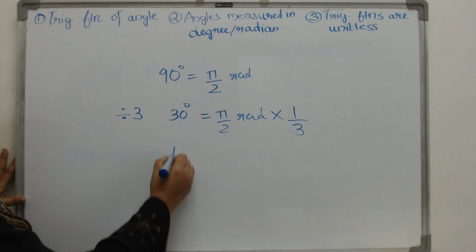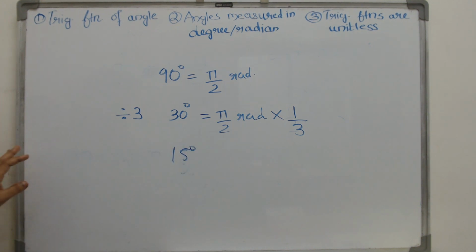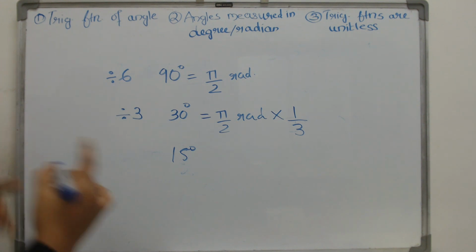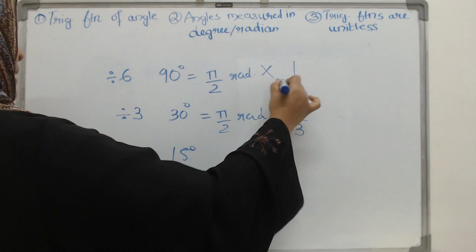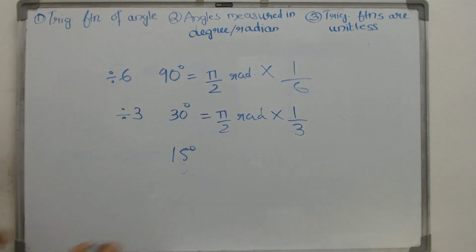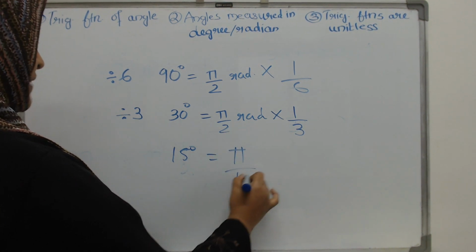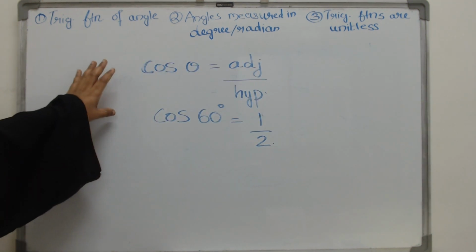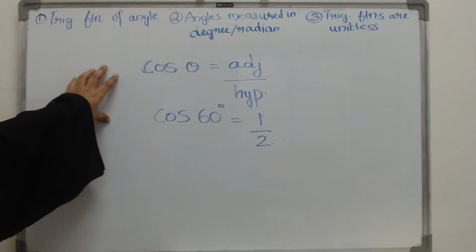Now consider for 15. For 15 degrees, what will you do? You just have to divide this by 6 or multiply this by 1 by 6. Now try doing that. You will get this answer very quick. That's just a shortcut. Now we will go on to the third property. Now we move on to our third property.